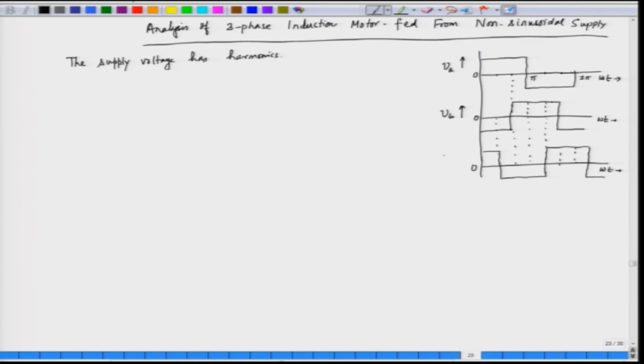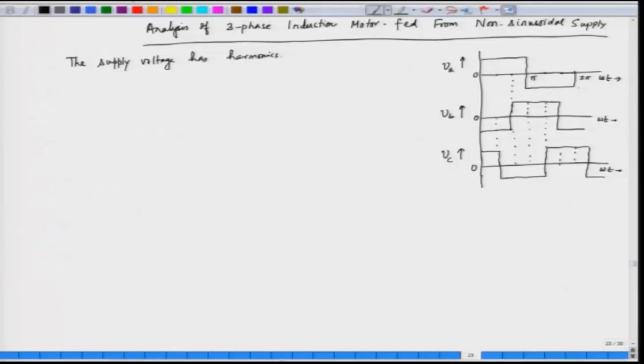So, the input voltages are not sinusoidal, they are square waves. So, square waves means they have harmonics other than the fundamental. So, we can have Fourier series to separate the fundamental, the third harmonic, the fifth harmonic, the seventh harmonic and so on. This waveform, which is a square wave, will have all odd harmonics.